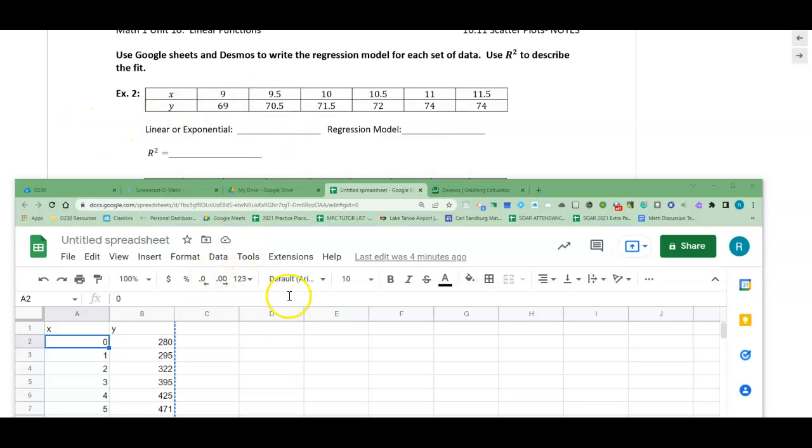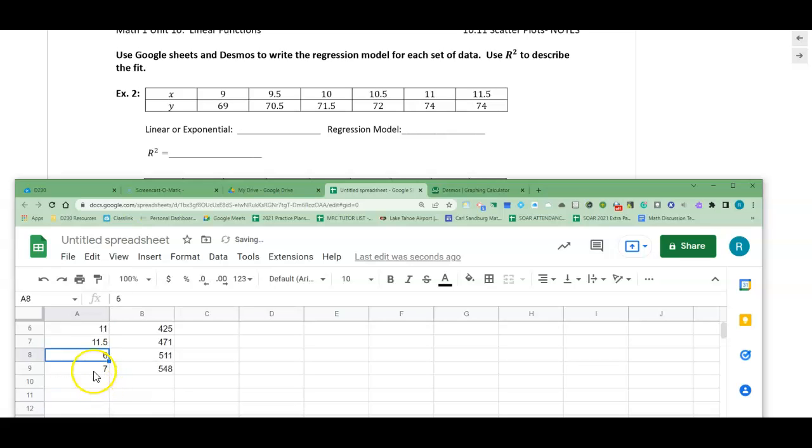So for the first example again, all we're going to do is type in our x values. I go to Google Sheets again. I'm going to go 9, enter, 9.5, 10, 10.5, 11, 11.5.